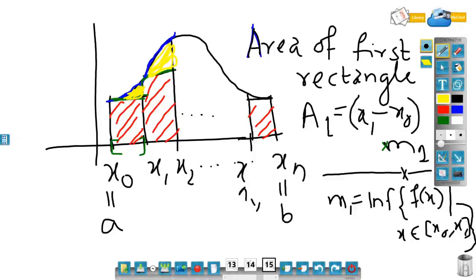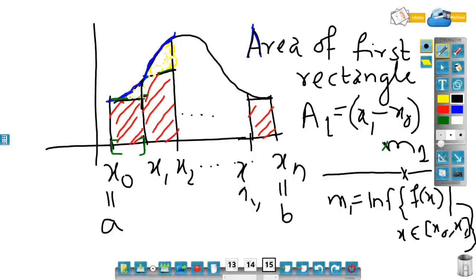Our target is to define the overall integration, but you can see that part is missing. Let me delete this part immediately, because I will be sharing this PDF with you all, so there should not be ambiguity later on. So my target is to find the exact area below the curve.